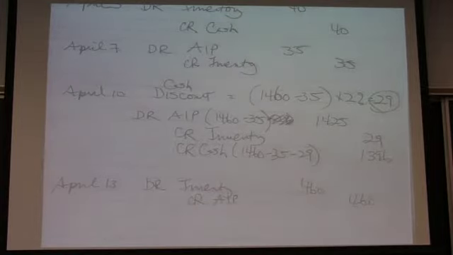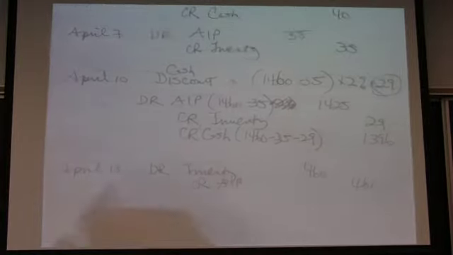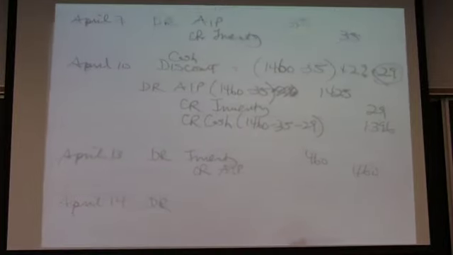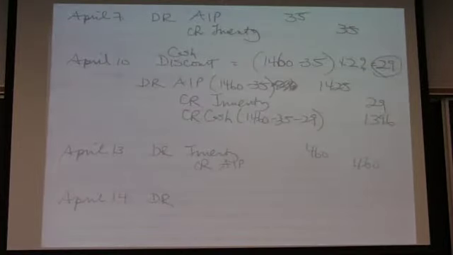April 14th, we purchased supplies for $650 cash from Discount Supplies Limited. Now, when you purchase supplies, it's really not part of inventory, isn't it? It's probably things like cleaning supplies or different types of day-to-day supplies that the tennis shop needs.